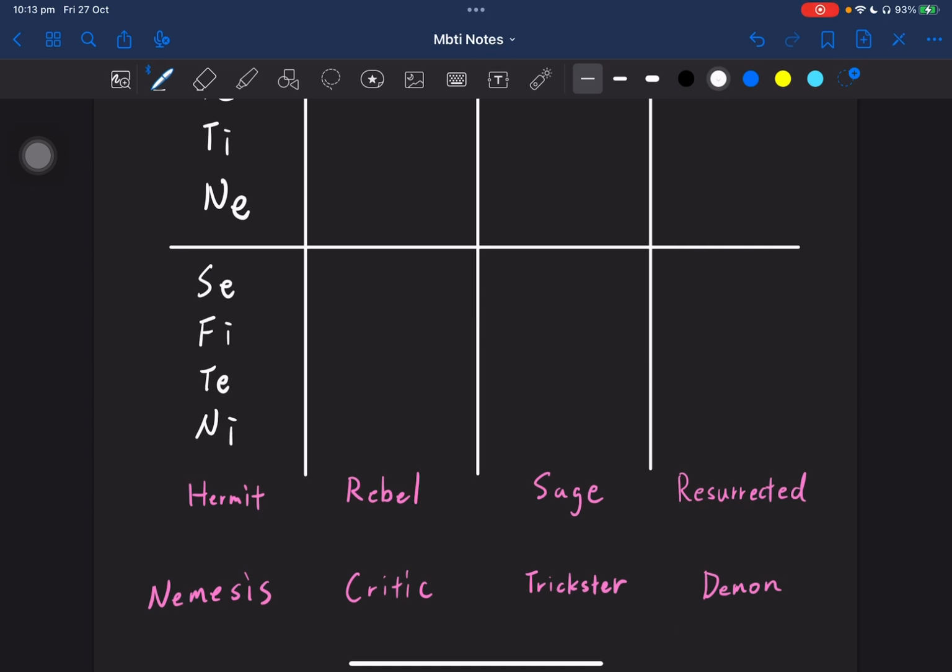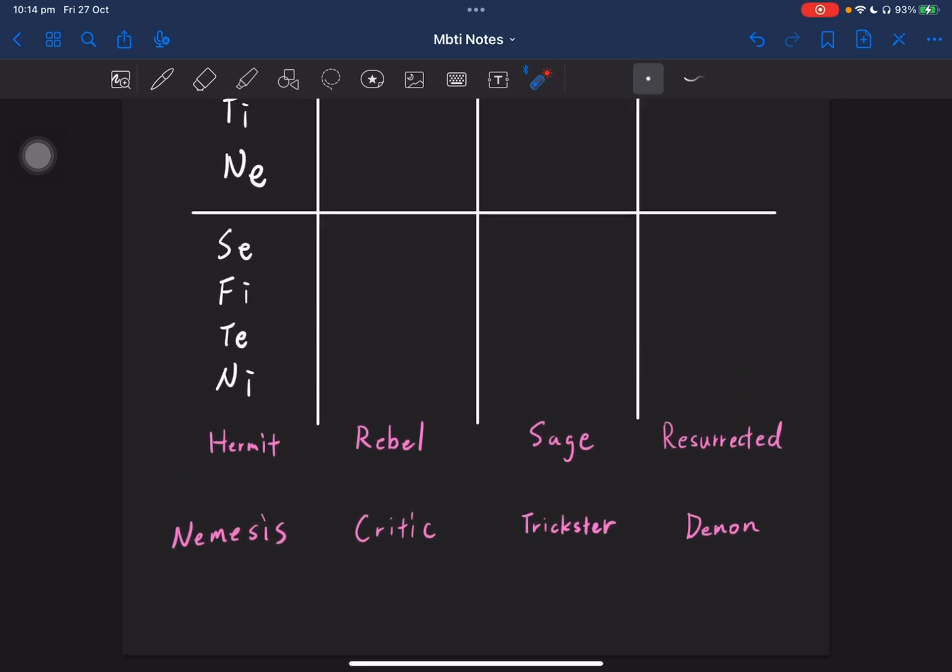You can double check: yes, SE is on the same axis as NI, and FI is on the same axis as TE. If you notice anything that is not on the same axis, then you might have made a mistake somewhere, and it's better to go back and check.